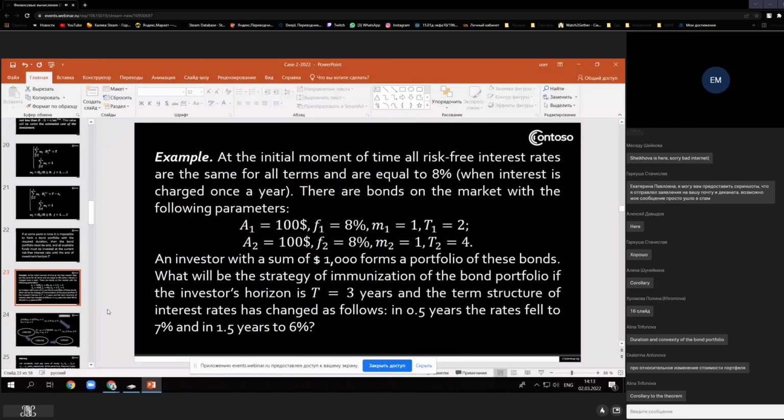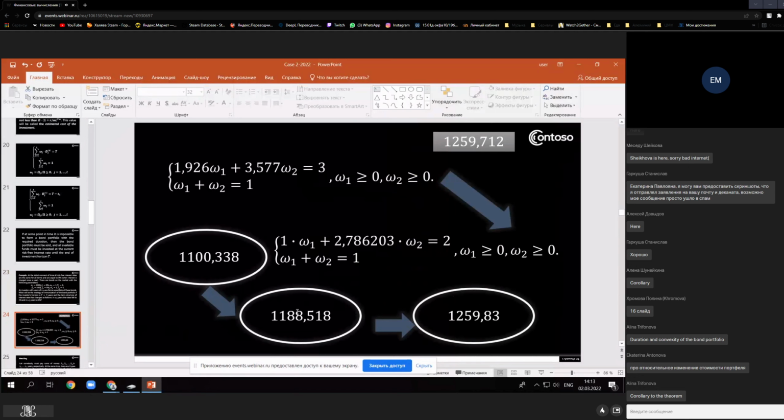That is why you will have to sell the bond. The estimation of the portfolio at this moment is equal to this number, so you just sell it and put this sum at the current rate. And after you do it, you will get this result. As you can see, the real implementing of the strategy allows to get this result.